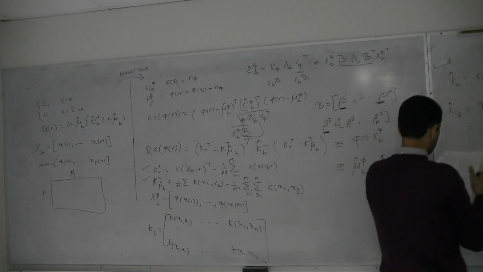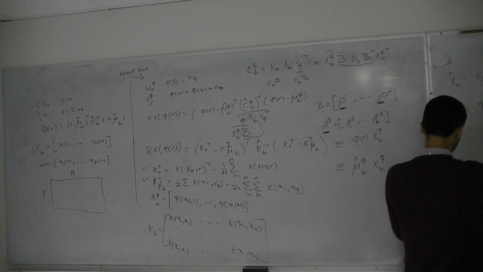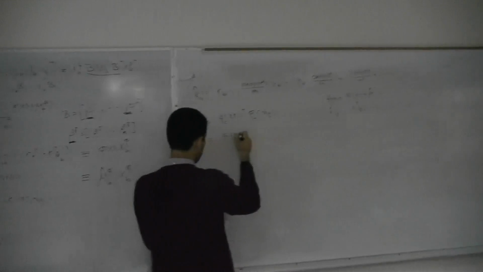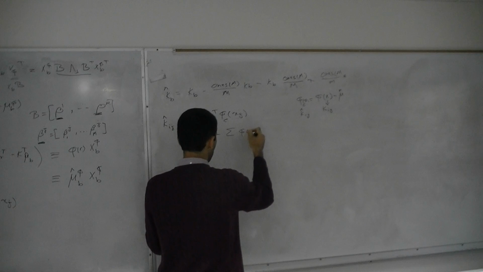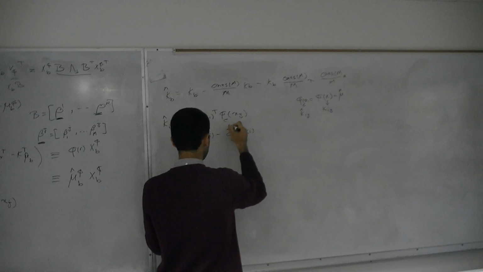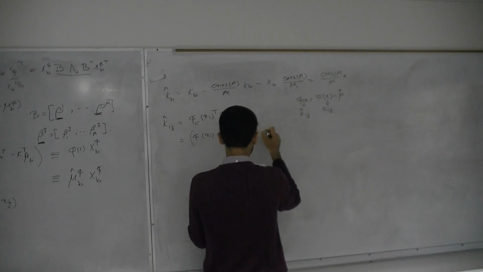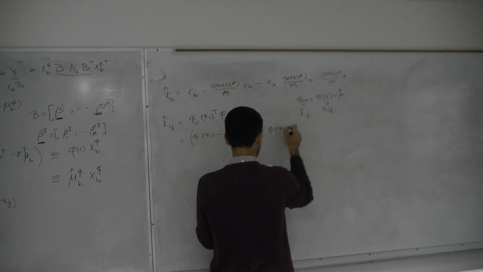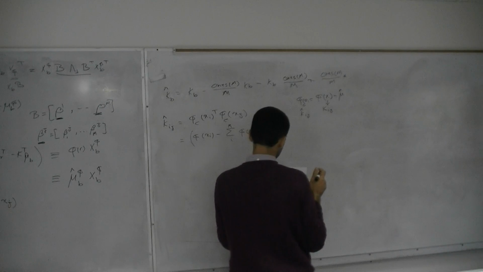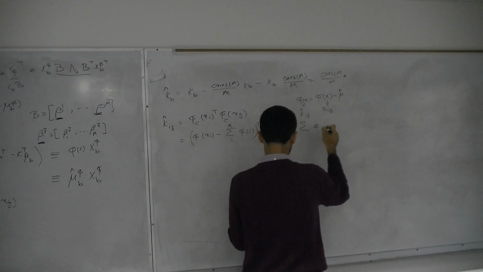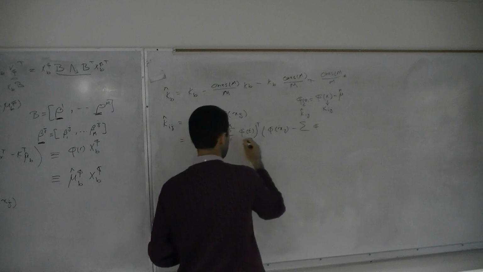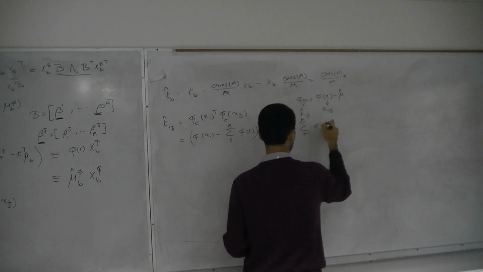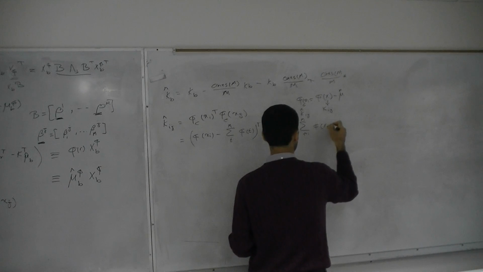And if I replace this value here, it's equal to phi, for example, xi minus, instead of mu, the summation of phi, i from 1 to n, transpose to phi xj minus again the mean value of phi of this one, for example, I can do t equal to 1 to m phi xt.